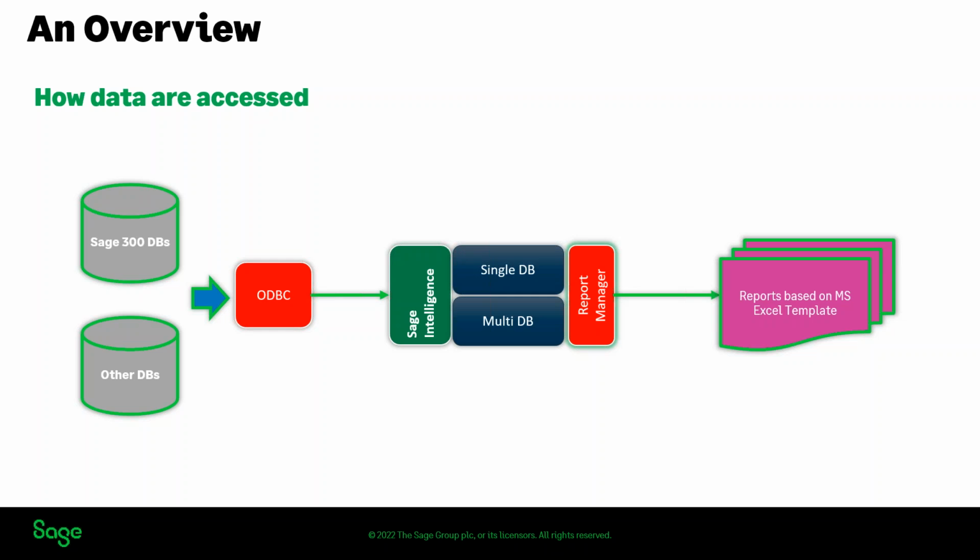As long as they can be accessed using ODBC, they can be read by Sage Intelligence. And Sage Intelligence will allow you to define whether you want to access one database at a time, which is single DB, or multiple databases at a time, which is consolidation. And the report manager, which is the authoring tool of the product, will allow you to choose between these and then generate the necessary output in Microsoft Excel for you.